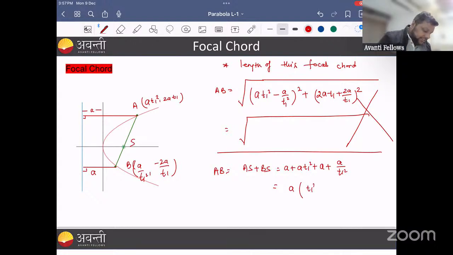So it is a times (t1 square plus 1 upon t1 square plus 2), a took outside. So it is a times (t1 plus 1 by t1) whole square. So you have to remember this formula. There will be only one parameter since it is a focal chord. So length of AB will be AS plus BS, that is a times (t1 plus 1 by t1) whole square. Am I clear?